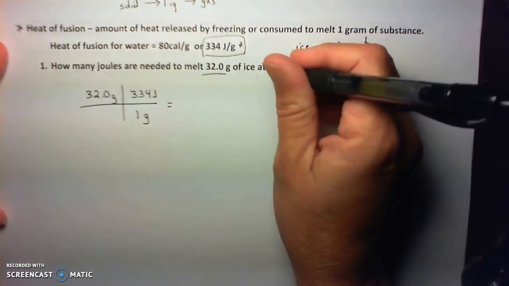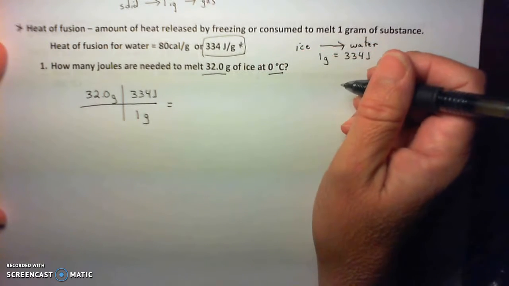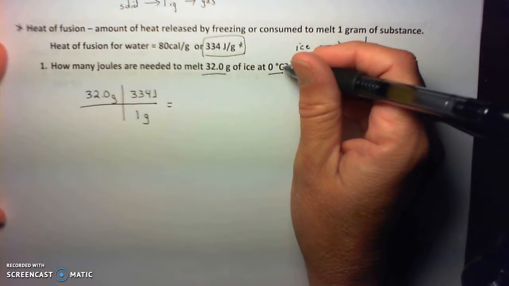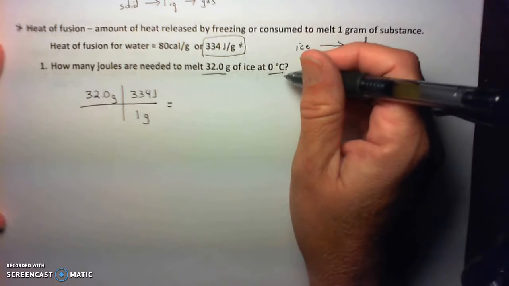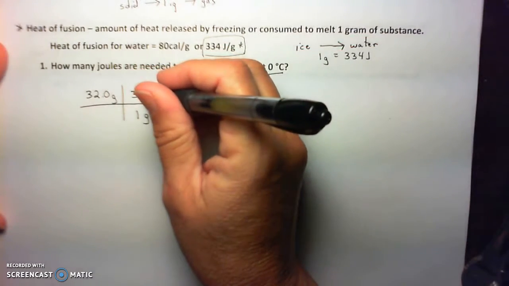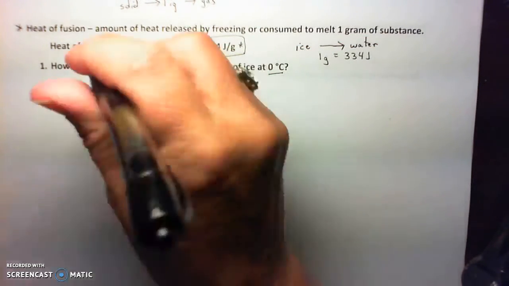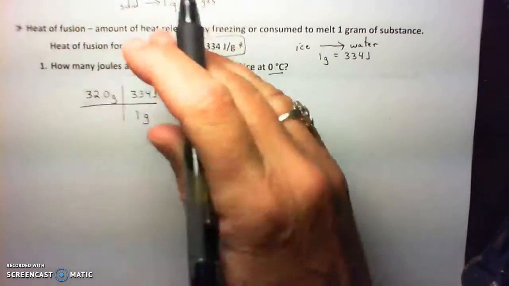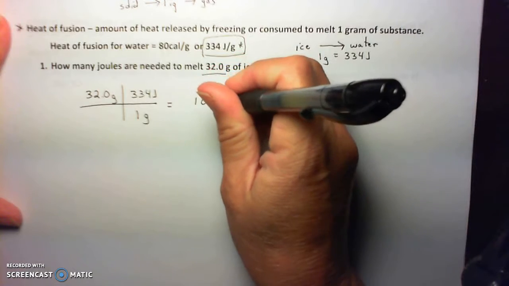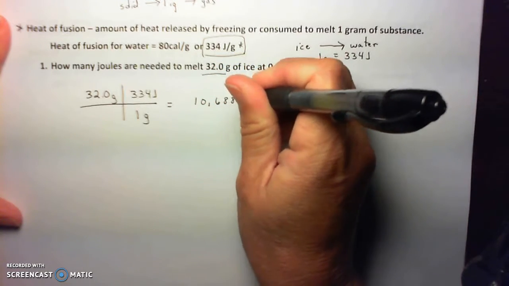The other thing to note here is there is no temperature change. The temperature stays at 0 degrees Celsius. So we don't have to use specific heat. So we multiply these two numbers together and we will get 10,688 joules.